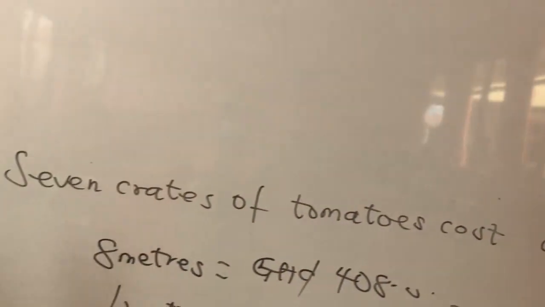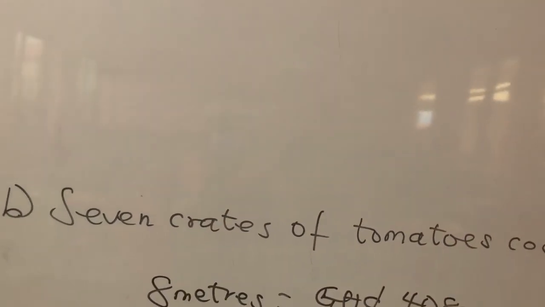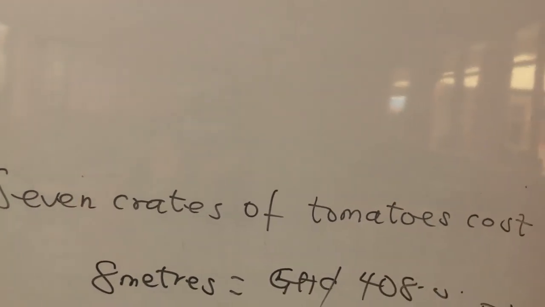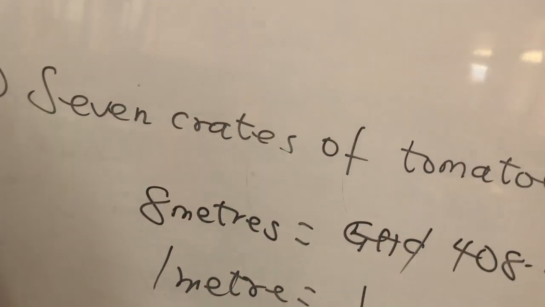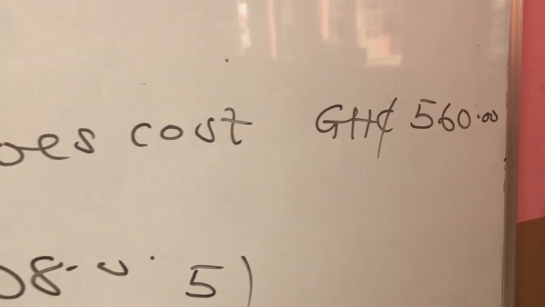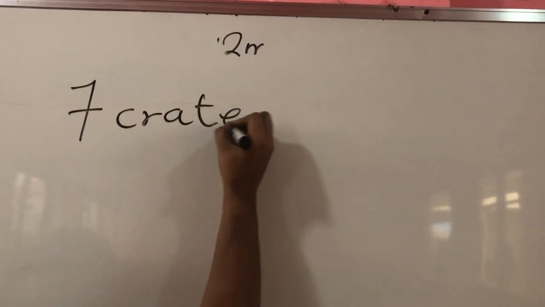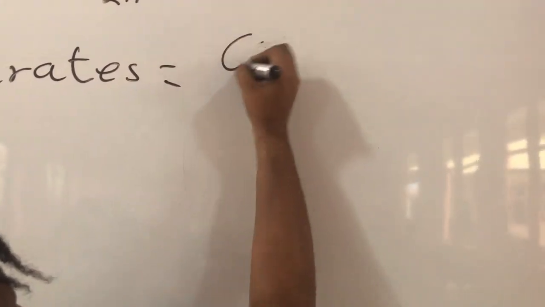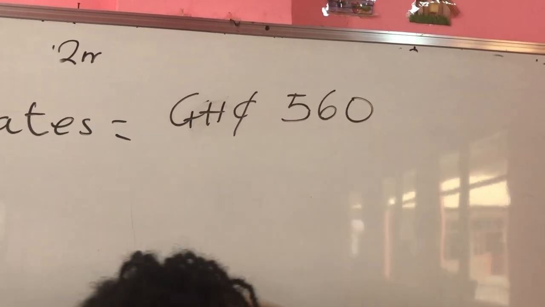Okay, now you're finding the rate. 7 crates of tomatoes cost 560 cedis. So what are we finding? Per. You are finding the rate, that means you are finding per. So if 7 crates cost 560, then how much will 1 crate of tomato cost? So we have 7 crates is equal to your Ghana cedi 560.